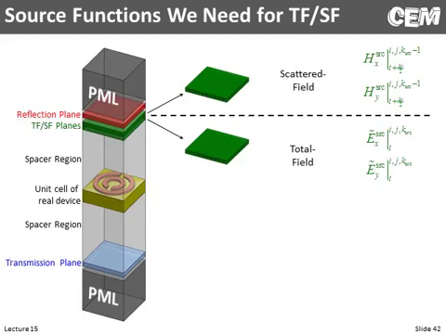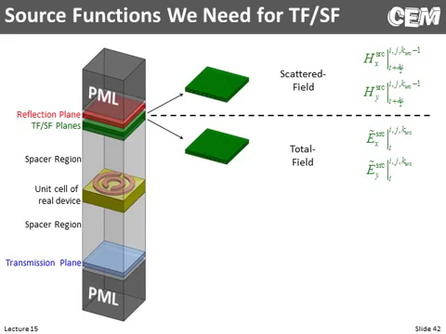So let's think about the source terms and where they exist. When we modified the equations on the scattered field side, that required E field source terms. And in fact, those E field source terms existed on the total field side, as we're seeing here.